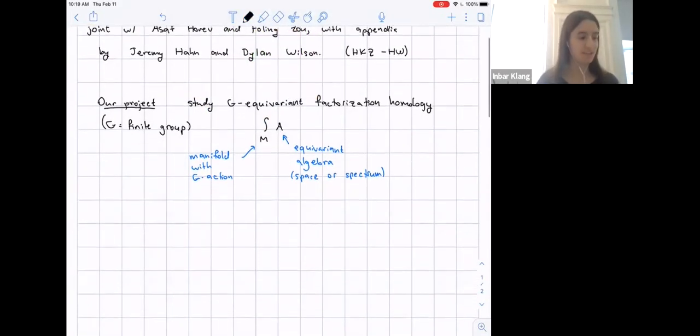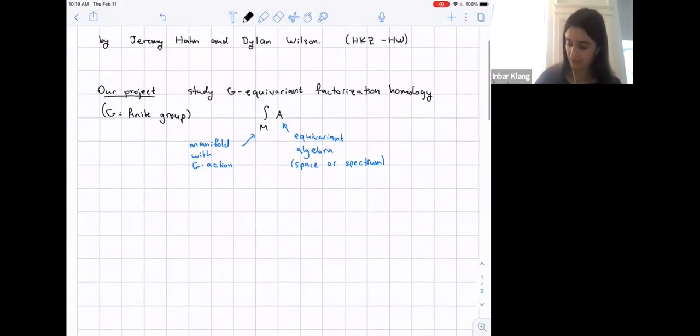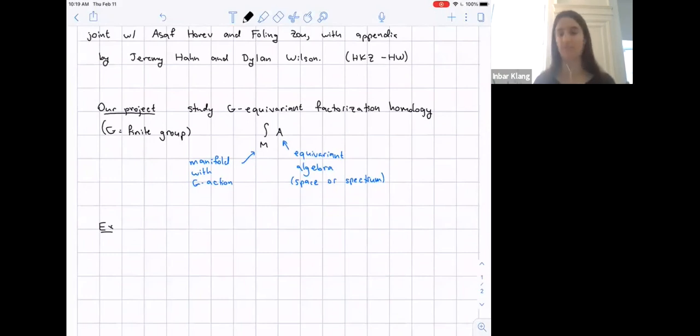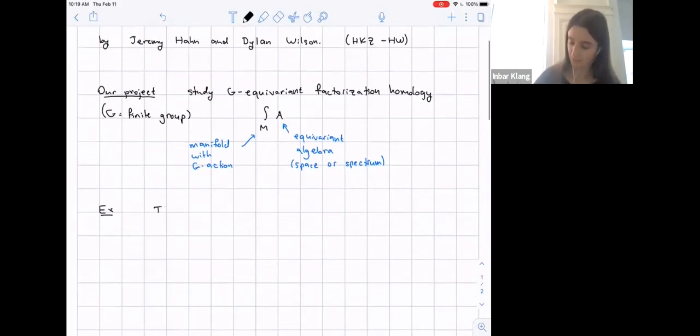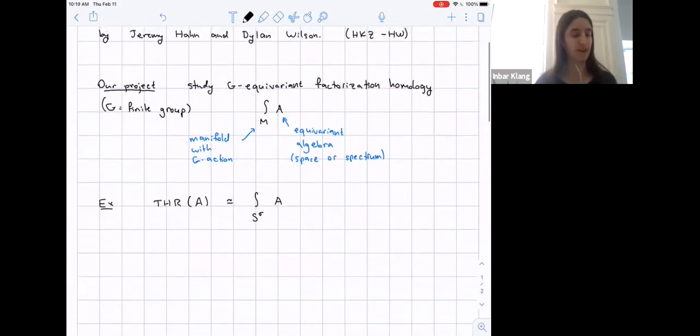Here's one example of a previously studied invariant that can be described as an equivariant factorization homology. Real topological Hochschild homology of a ring spectrum with anti-involution is factorization homology of that ring spectrum over the manifold that I'll call S sigma.